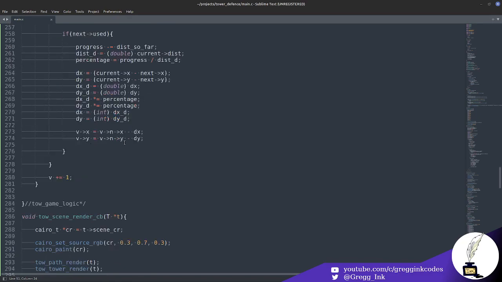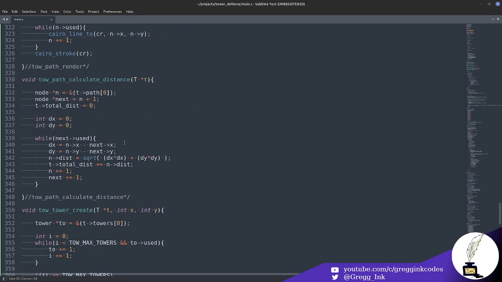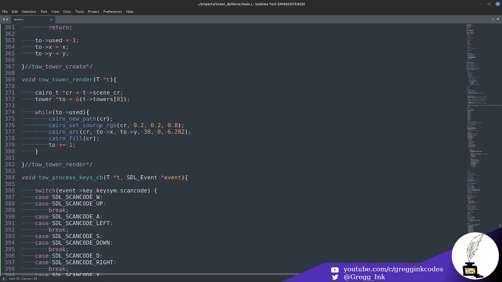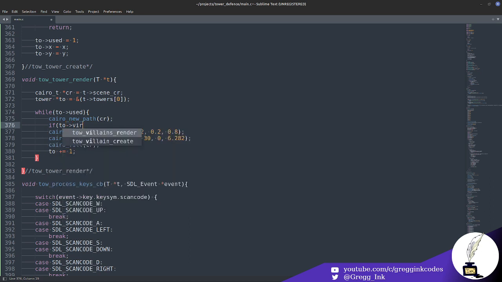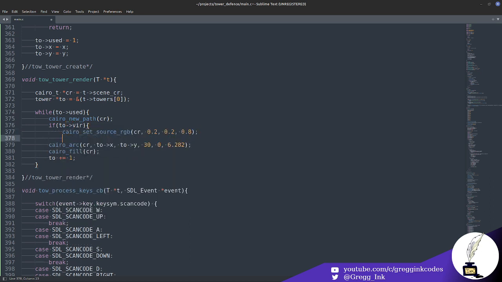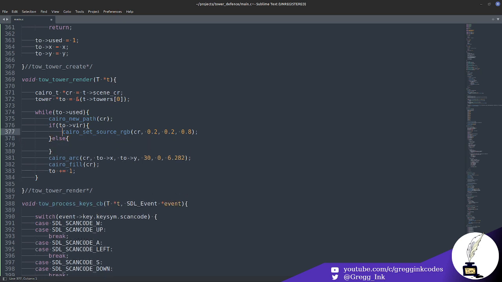What I'm gonna do for now is, if... okay, so the color is gonna change if there's some in range.